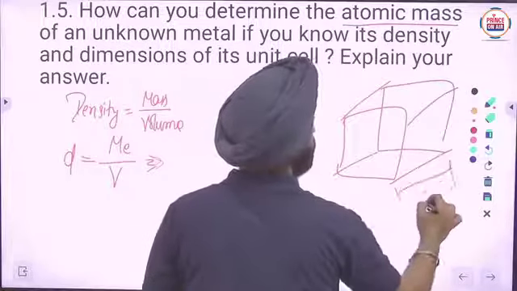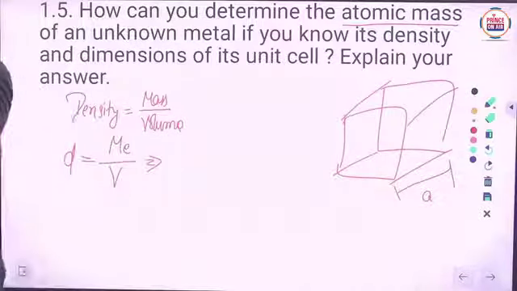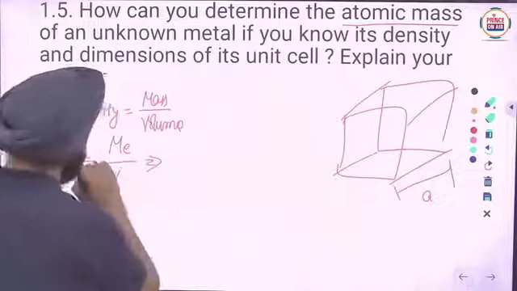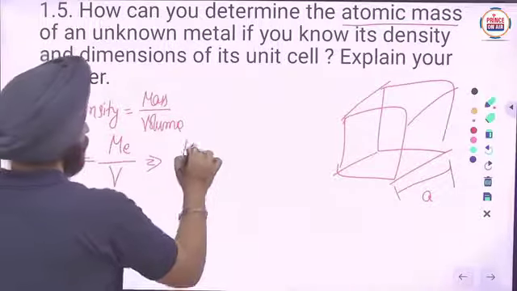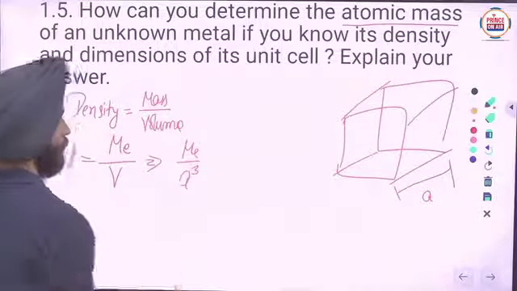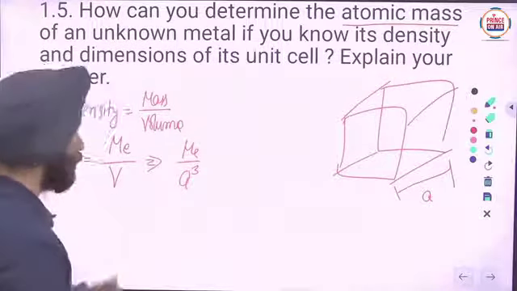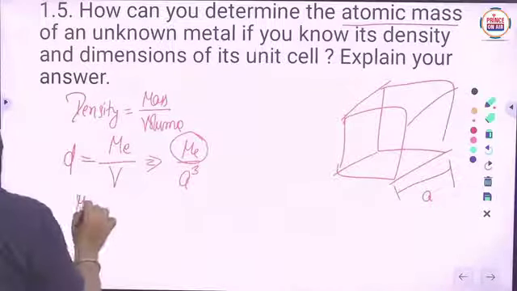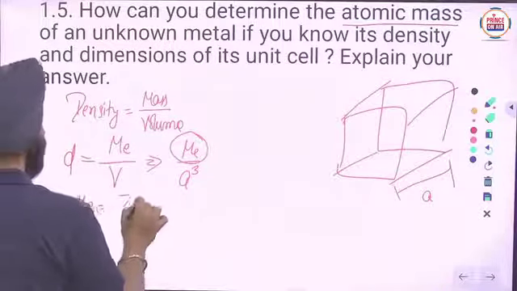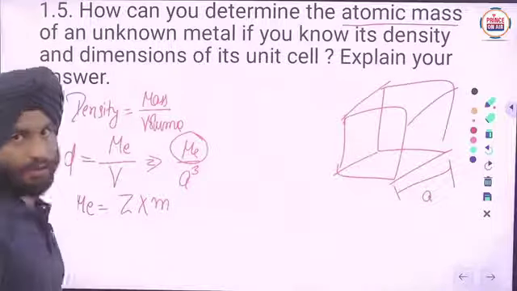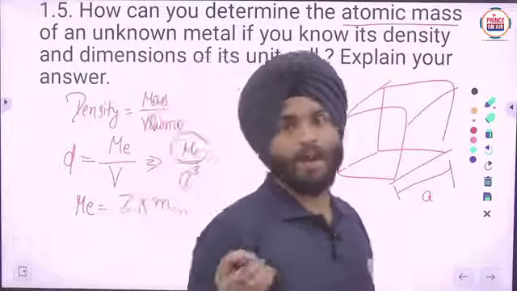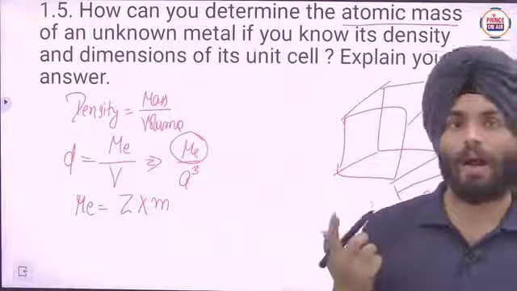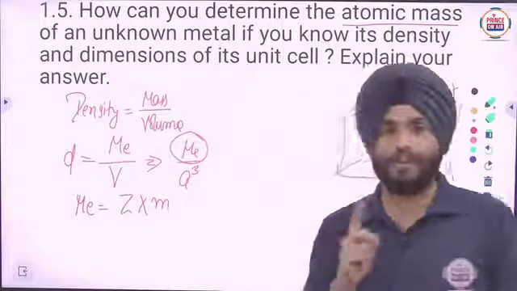So the volume will be a cube. Now we have to calculate the mass. Mass will come out to be z into the mass of a single particle, where z is the number of particles and m is the mass of a single particle.